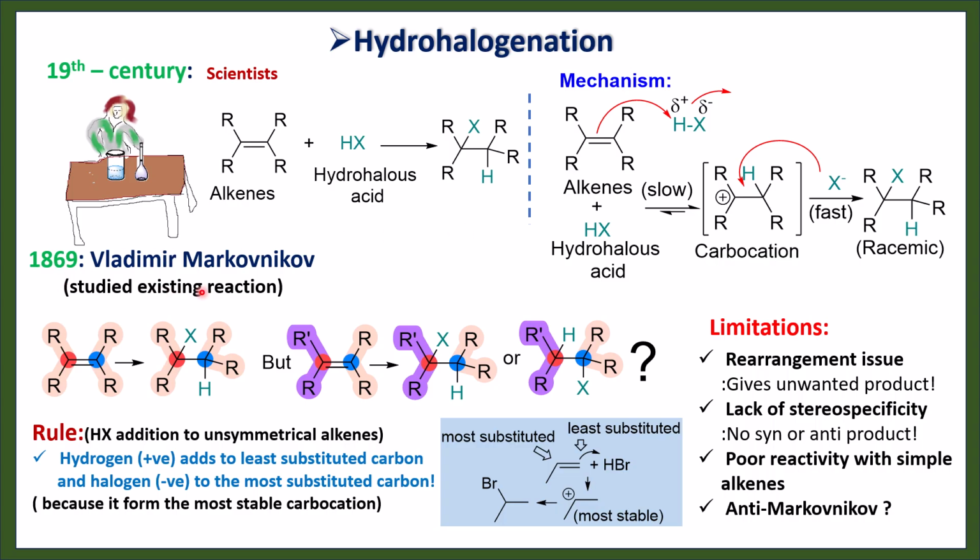the scientist Vladimir Markovnikov studied the existing reactions, meaning there were many reactions in the literature. He observed every reaction and found that when scientists use a symmetrical alkene, halide addition on either side of the double bond gives the same product.